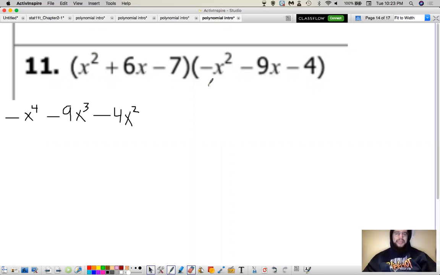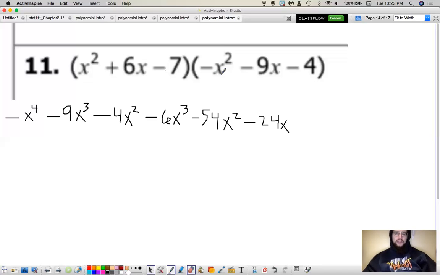Positive 6x times a negative x squared is negative 6x cubed. Positive 6x times a negative 9x, negative 54x squared. Positive 6x times a negative 4 is negative 24x. Done with this guy.